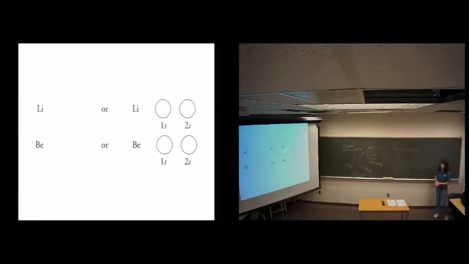Let's do lithium. Okay, how many electrons am I talking about with lithium? 3. Okay, so which orbital do we start with? 1s. All right, so how am I going to put the electrons in there? Okay, so I'm going to put an electron here, then what?